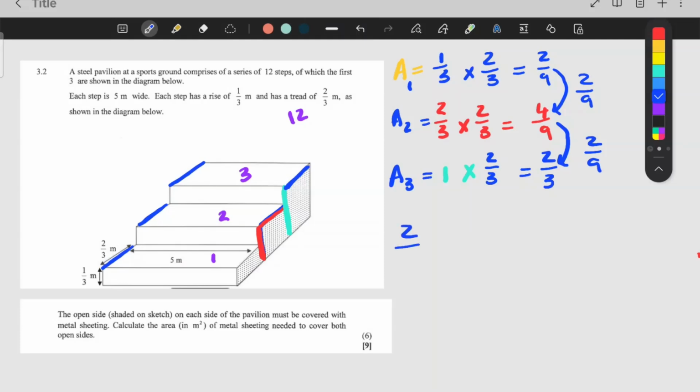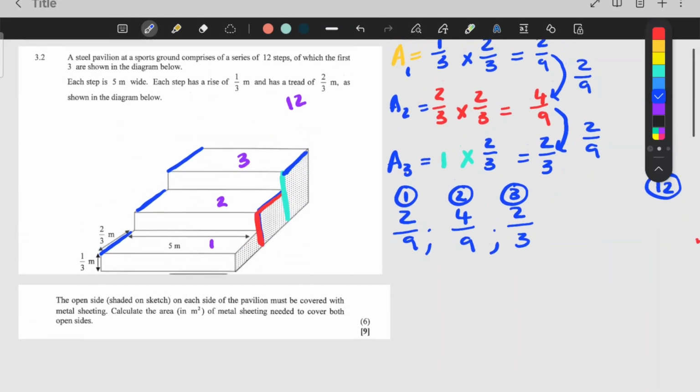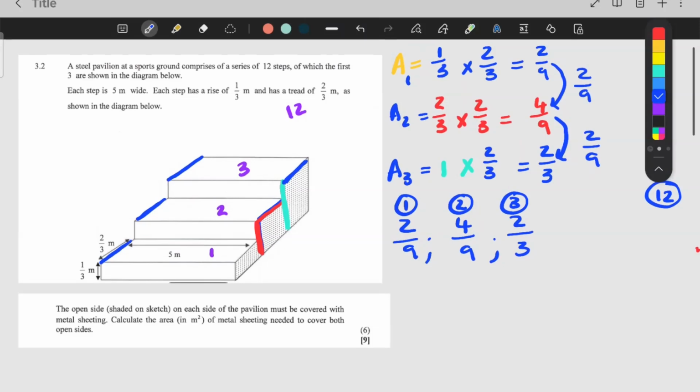So my first term is this, my second term is this, and my third term is the area of that, okay? But I know I'm going to have 12 terms. So this is term 1, term 2, term 3. So I need to work out what is term 12. I can work that out manually, or on my formula page, I have this general term, eh?